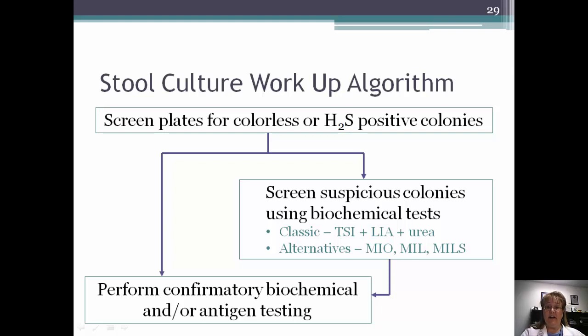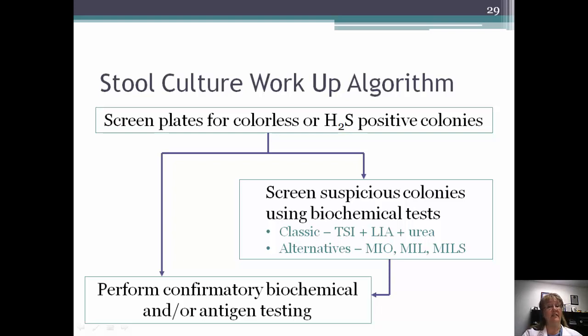Once we've inoculated our media, now comes the actual stool culture workup. Most laboratories use some kind of an algorithm where they screen their selective and differential media looking for non-fermenting or colorless colonies, as well as H2S producing colonies. They then use some kind of screening biochemicals, for instance, something like a TSI, a urea, and maybe a lysine iron agar or something like that, to help screen out those organisms that are not enteric pathogens, not Salmonella or Shigella.